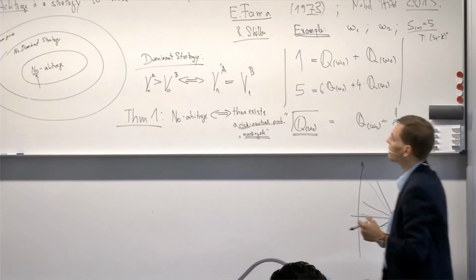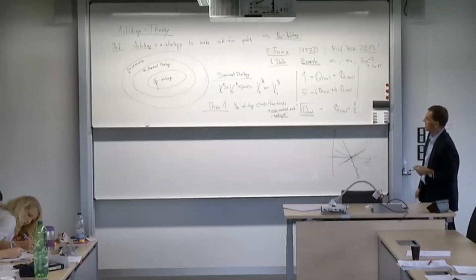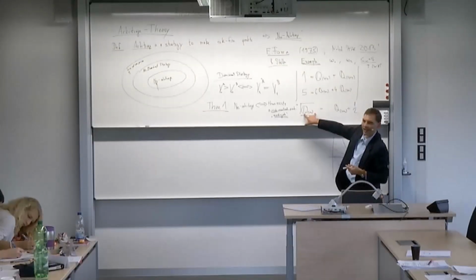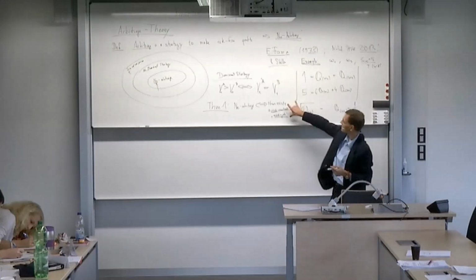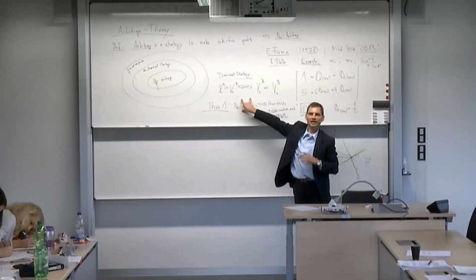Or some people call them equivalent probability measures. And if these martingales exist, then we know the market has no arbitrage.